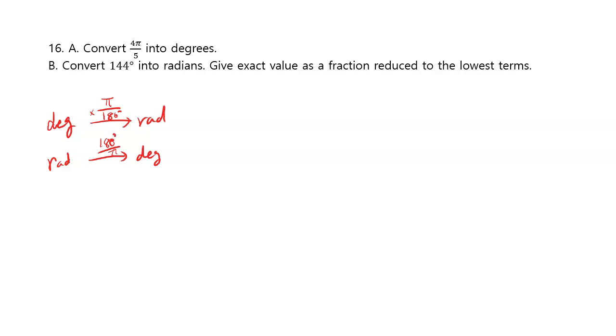What this means is equivalent to saying the following. If you want to take 180 degrees and change it to radians, you would multiply by pi over 180 degrees. And notice how the degree cancels, right? Not only 180 cancels, but the unit, this degree, cancels.